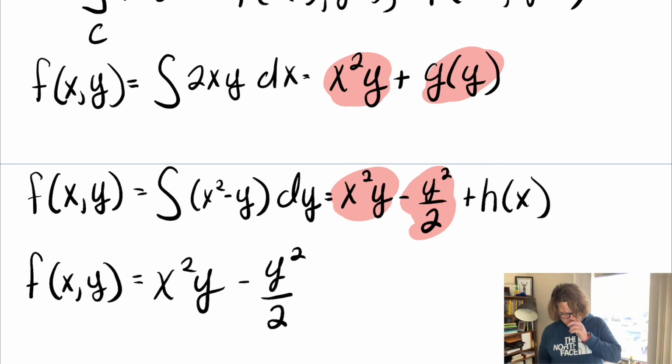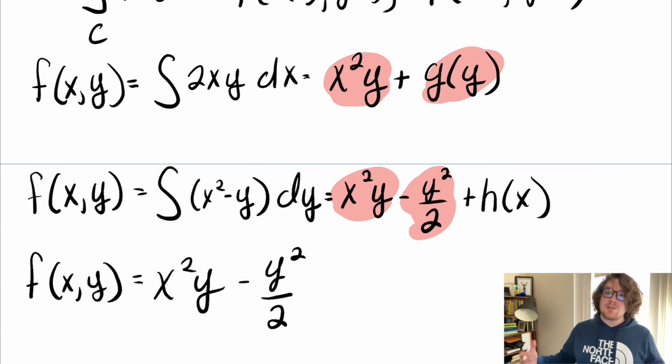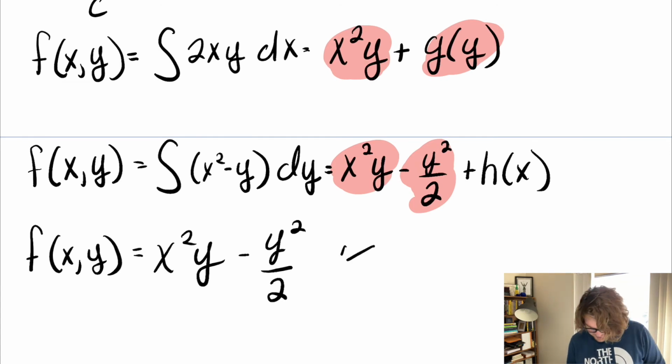So we're good to go there. And then h of x, at this point, would really have to be a constant, but since we're evaluating a definite integral, we don't need to worry about any constants that arise from our integrals, as they're just going to cancel when we plug them in. So what we have here is a potential function.